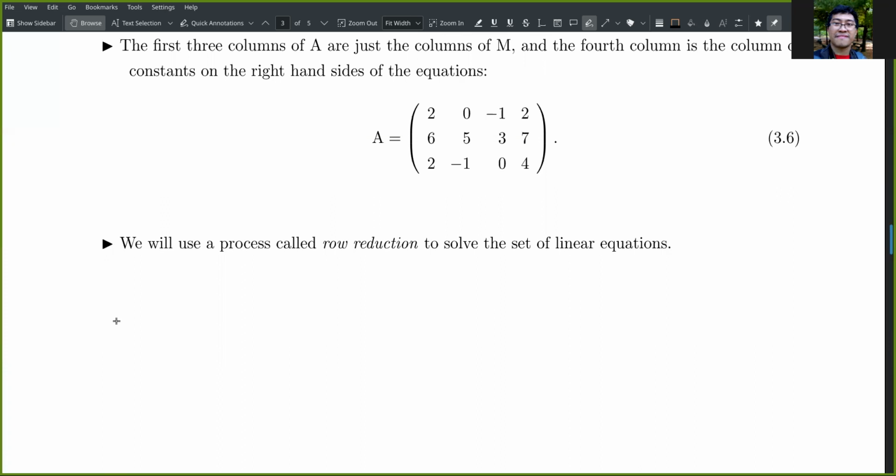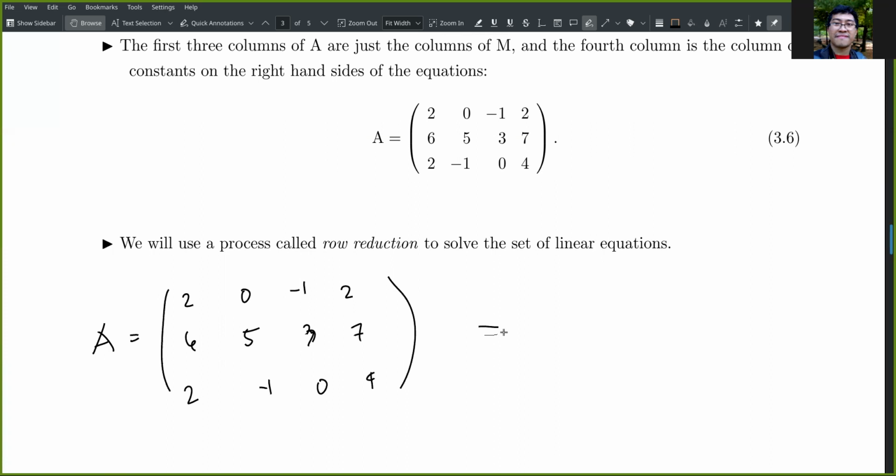So let's write again A as 2, 0, minus 1, 2, 6, 5, 3, 7, 2 minus 1, 0, 4. This corresponds to the set of linear equations 2x minus z equals 2, 6x plus 5y plus 3z.